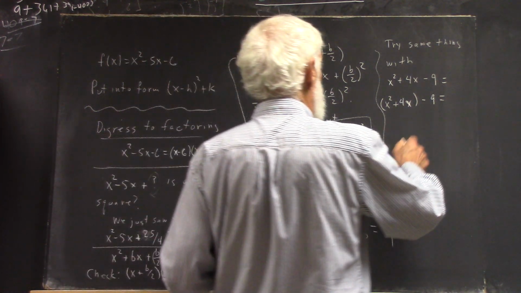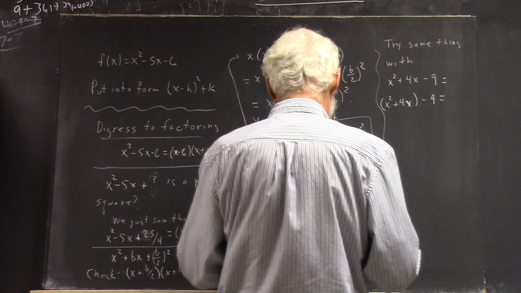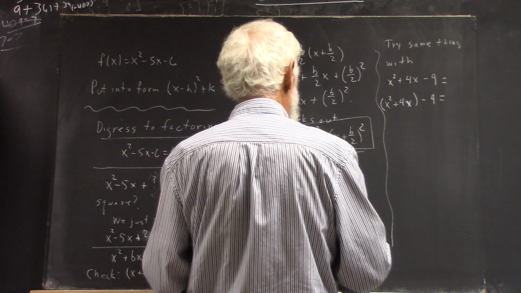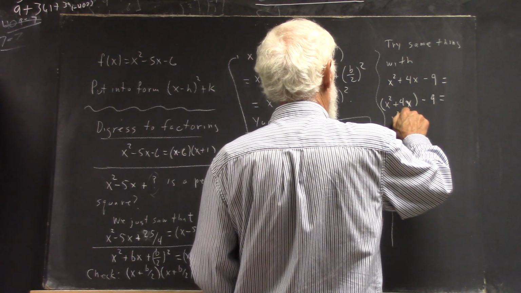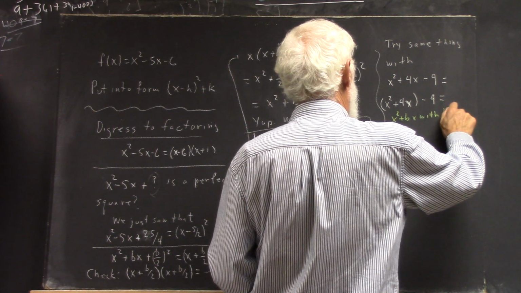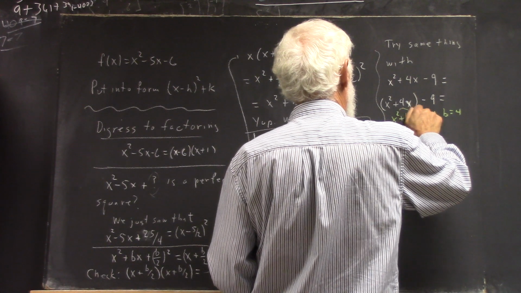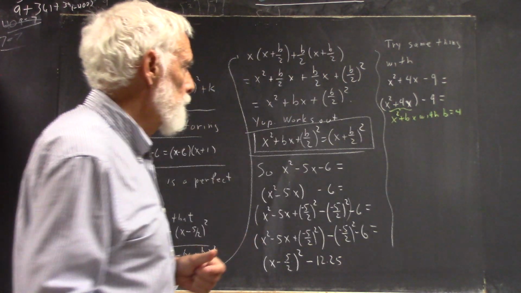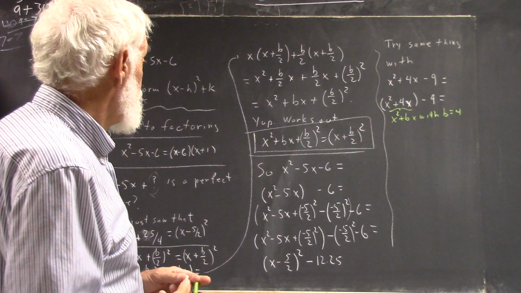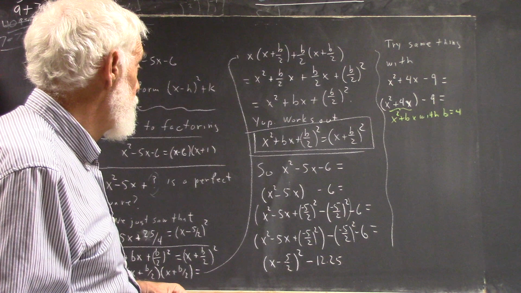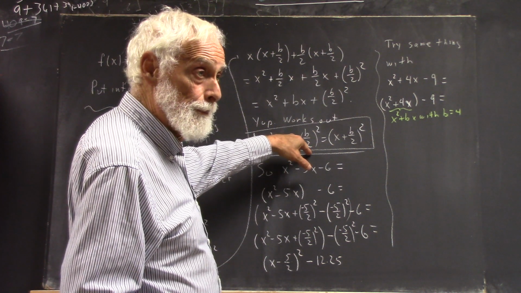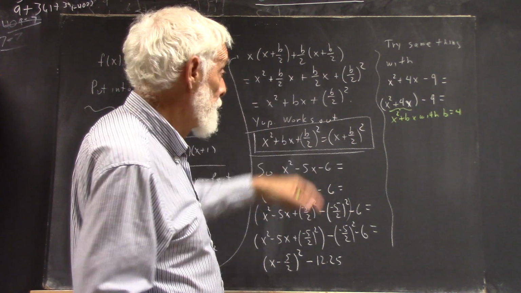So now x squared plus bx would be equal to 4. To make it a perfect square, we've got to add b over 2 squared.